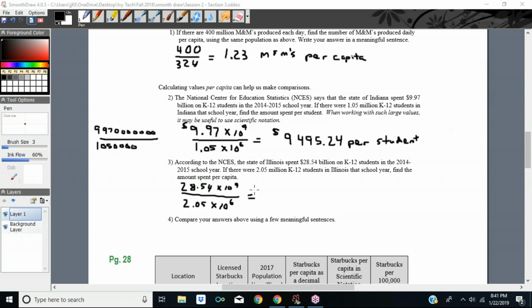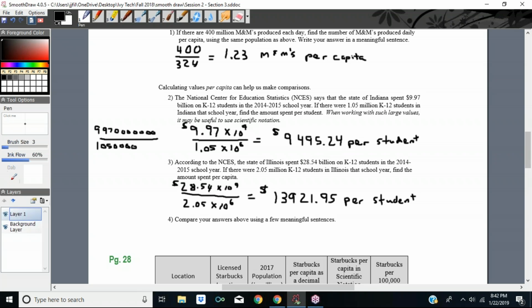Same idea, we want to get dollars and cents. It looks like some of you have answers in the chat box, 13,921 and 95 cents. That is what I got. It's $13,921 and 95 cents per student. Again, that's if they evenly distribute the funds, per student.